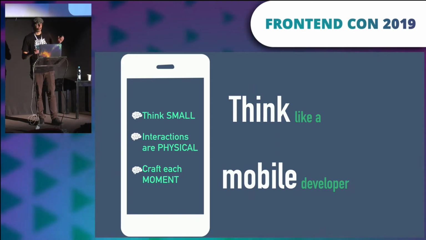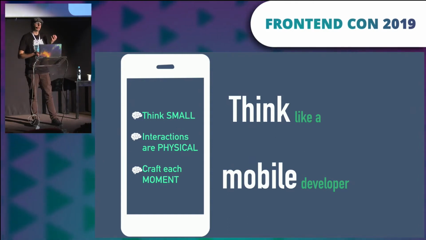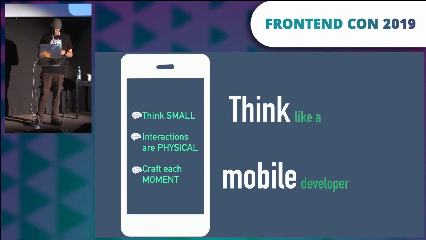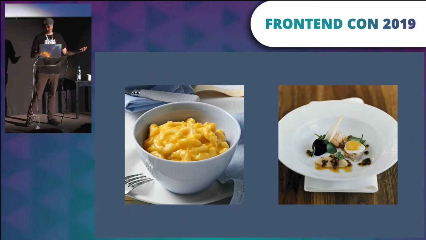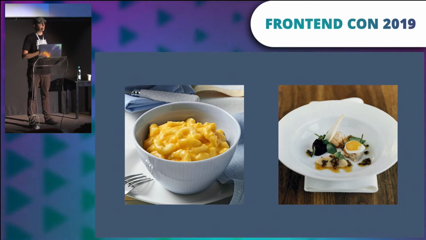But building a mobile application actually forces you to go that path and to actually care about those details. So it's again kind of two different meals and two different expectations.